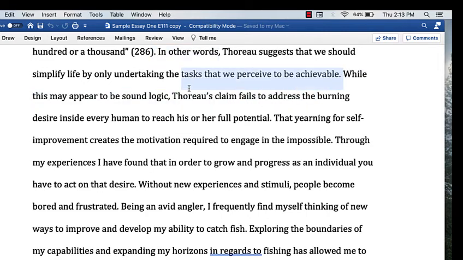"While this may appear sound logic," again, that's sort of reference to the prior sentence. It continues the reader on to the next sentence. So that's one thing you might also try and do in your opening paragraph is to use a number of these transitional phrases that sort of help establish flow and continuity from one sentence to another.